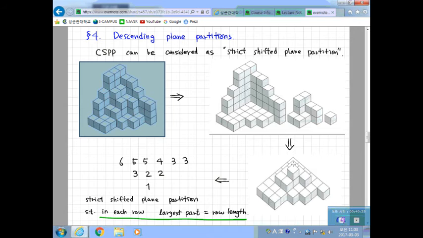If you rotate this by 120 degrees, you have to match with this. So this must be equal to the number of boxes for every floor. And actually, these are enough conditions for this array. So in fact, cyclically symmetric plane partitions are in bijection with this kind of arrays.